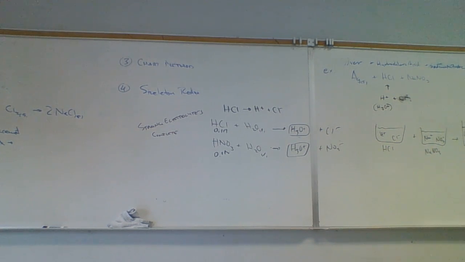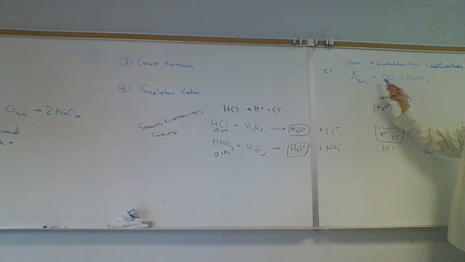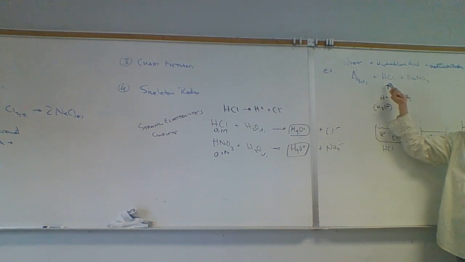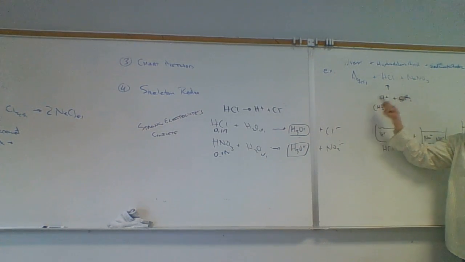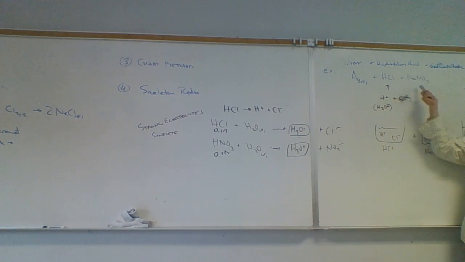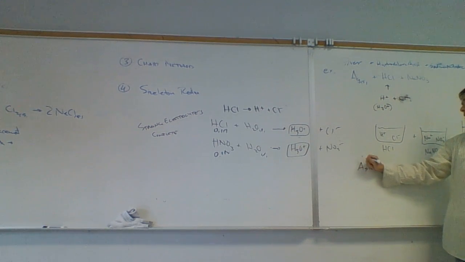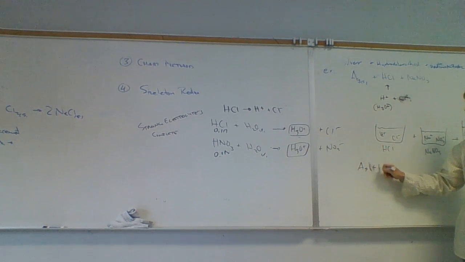Same thing with strong bases. So is there a single replacement between Ag and HCl? If you use the single replacement method, there's no reaction between Ag and HCl because we're going from less active to more active. Is there a single replacement between Ag and NaNO3? No. Why? If you do single replacement, Ag plus NaNO3 yields what?